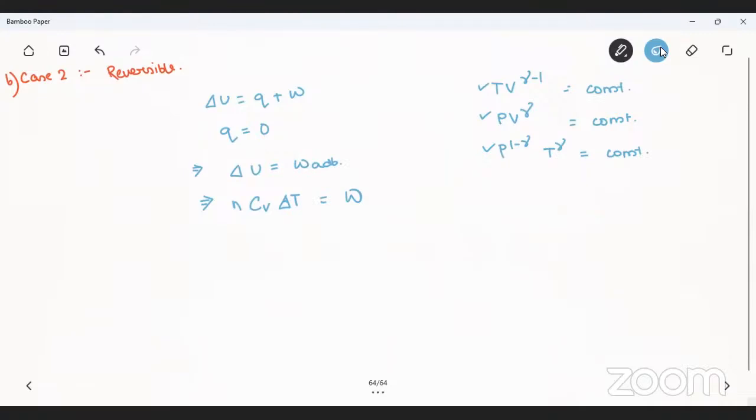But if the final temperature, initial temperature, everything is given, we will directly use this formula. Everyone say, is this part clear? Yes, ma'am.